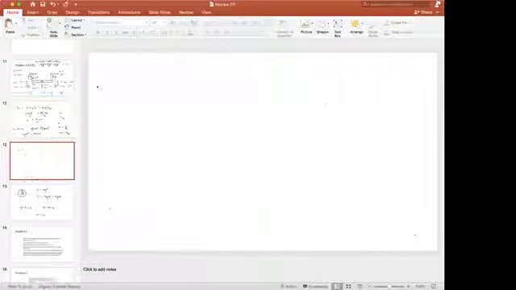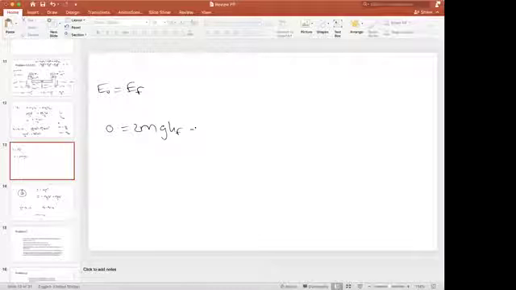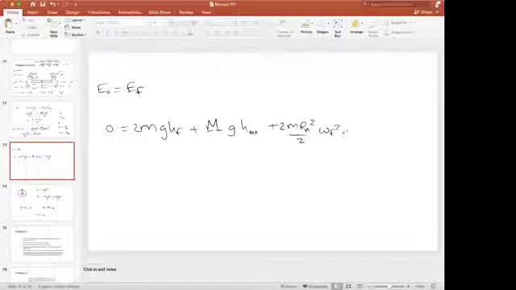And so what I see here is that I've turned these two into omega finals. And what I now have is energy initial is equal to energy final, or 0 is equal to little m g h final with 2, there's 2 of those, plus big M g h big M final, plus little m RA squared over 2, there were 2 of them though, so I'll just put a 2 there, times omega final squared, plus big M RB squared over 2 times omega final squared, plus I over 2 omega final squared.